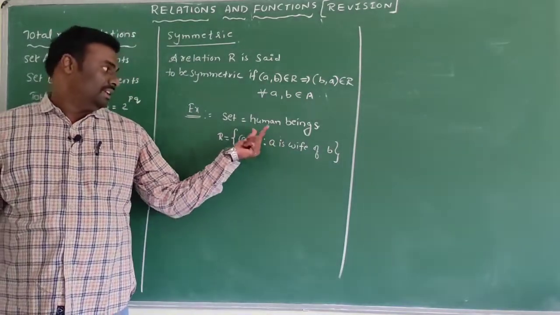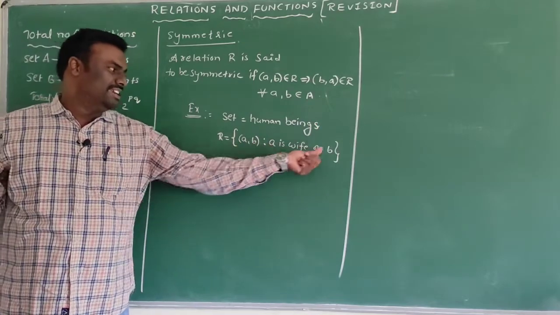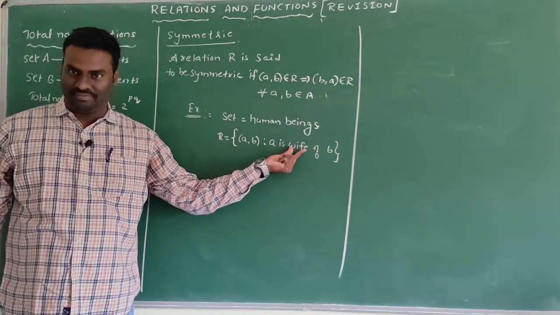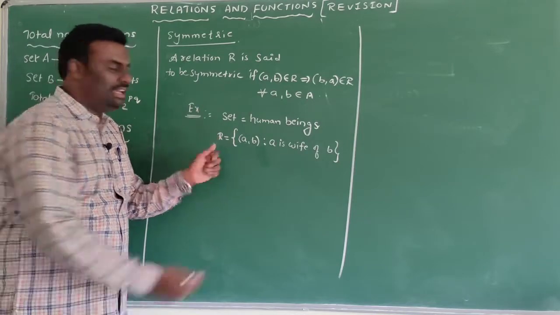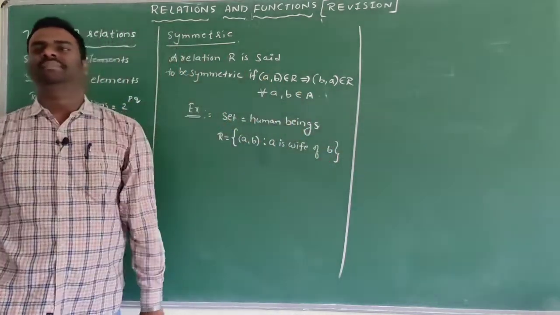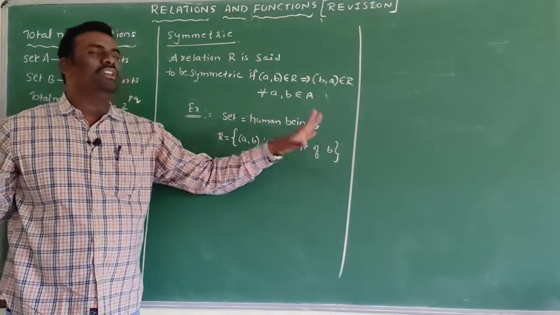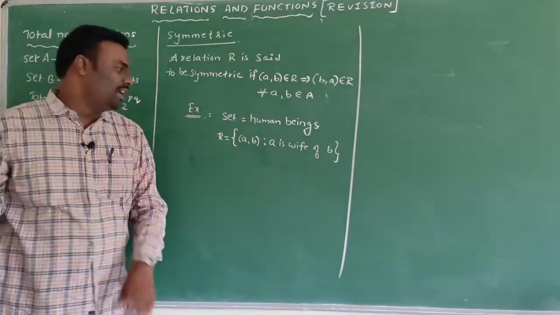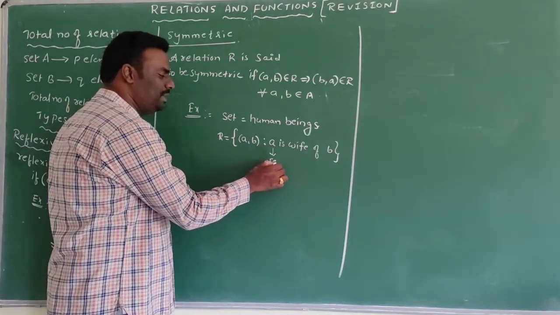Set is human beings and I took two members. The relation between these two is wife. So here, if you want to check whether it is symmetric, the reverse must also be possible. How to write the reverse of this relation: b is wife of a. That is not possible. Why? Because a is wife of b means a is female.